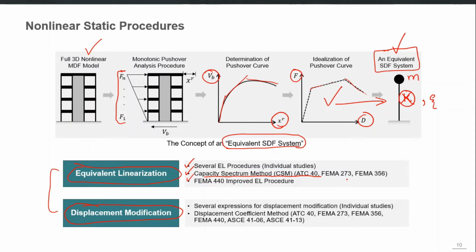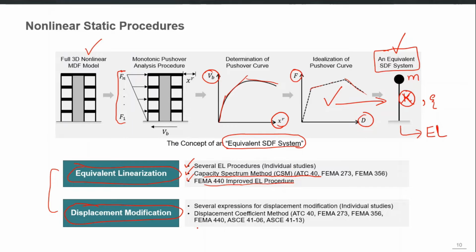That we first develop our equivalent nonlinear single degree of freedom system and then convert it into an equivalent linear single degree of freedom system, and then we can approximate or calculate the performance point or target displacement. Similarly, FEMA 440 developed an improved equivalent linear procedure in 2005. I'll not go into detail of these methods.